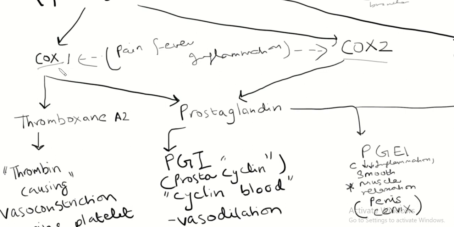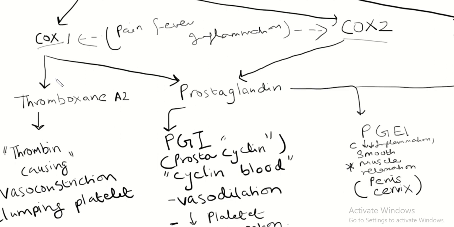So what does the COX-1 pathway do? This is where it gets a little bit interesting. Both COX-1 and COX-2 cause pain, fever, and inflammation. This is very, very important.